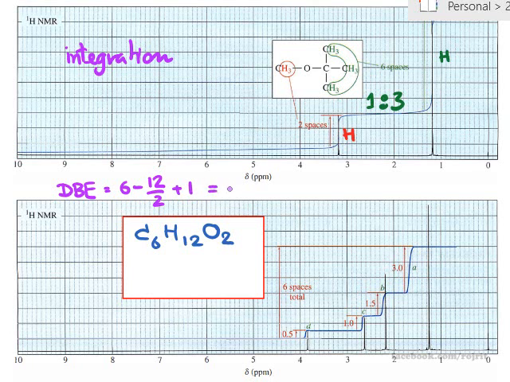So as a result, you have 1. So double bond equivalent equals 1. That means you may have two possibilities. First of all, you have one double bond in the structure, and secondly, you have one ring in the structure. Okay, so you have nothing else than this.